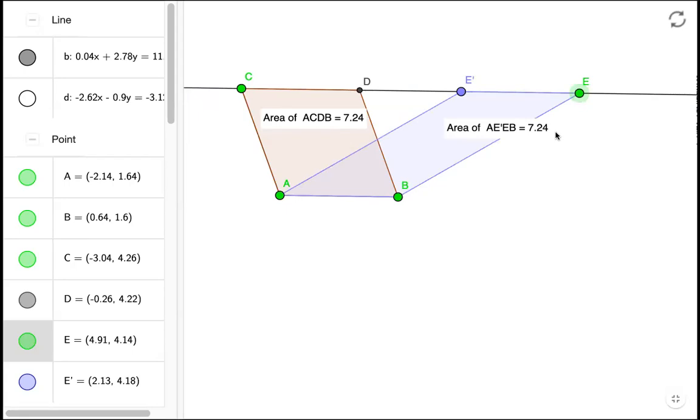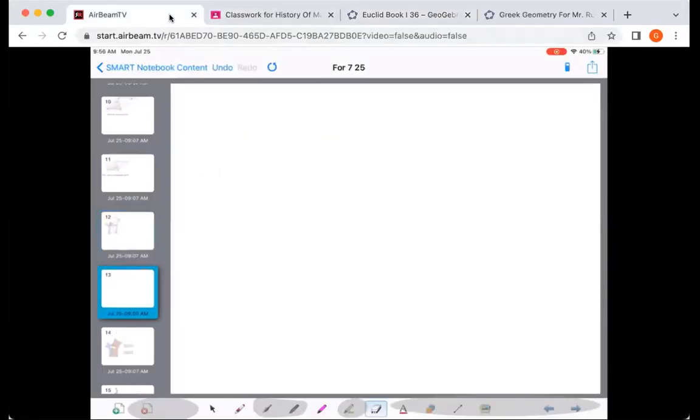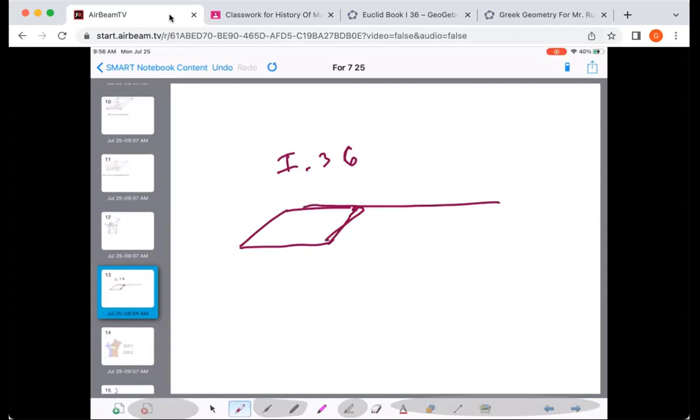Why don't I put that in over here? Some prerequisites. Proposition 36 says that two parallelograms that have the same base and the same height have the same area.